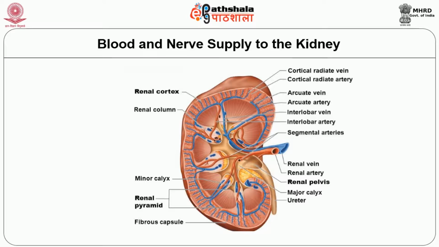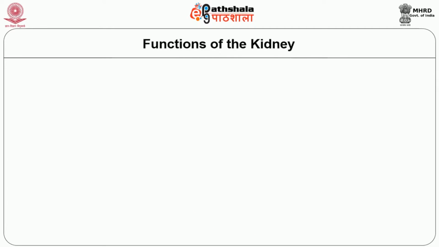The renal plexus regulates renal blood flow by adjusting the diameter of the renal arterioles and influencing the urine forming role of the nephrons. Now, let us move on to the functions of the kidney.